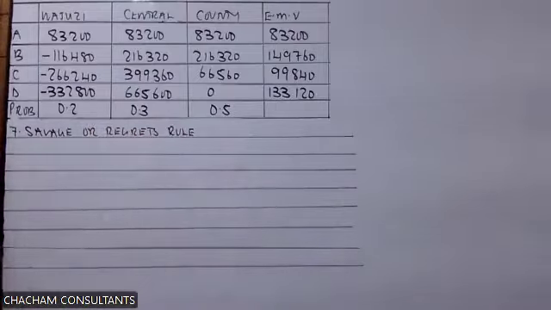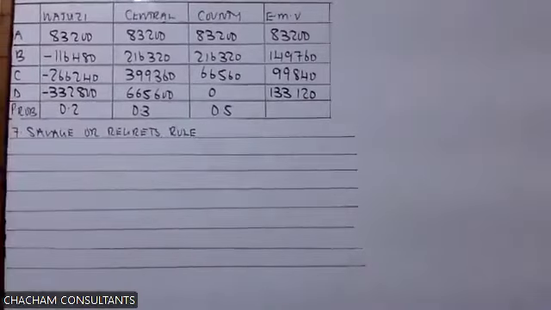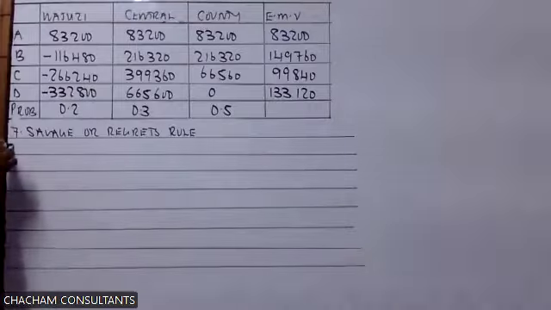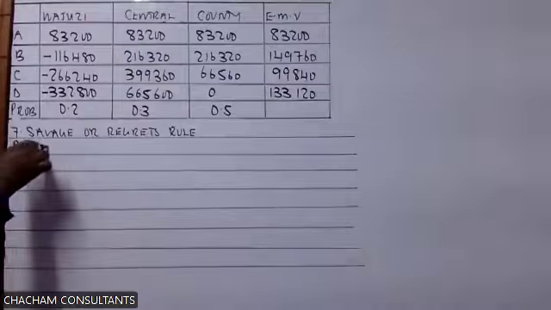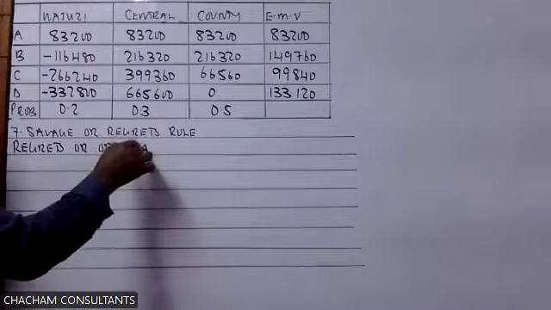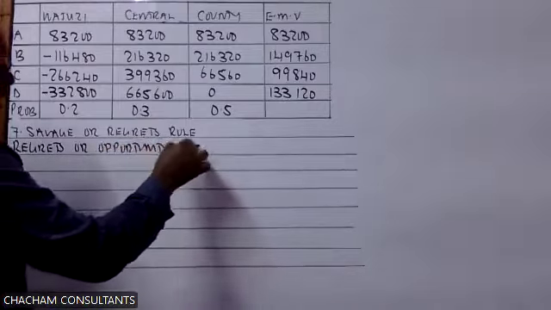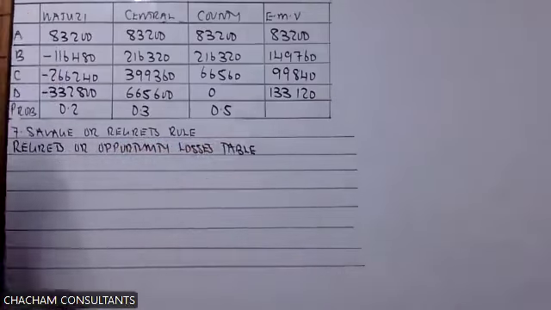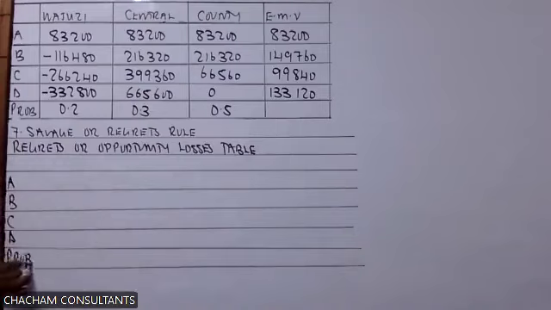It requires that you create something we call a regrets or opportunity losses table. So in this table, we will have A, B, C, D, and then the probability.